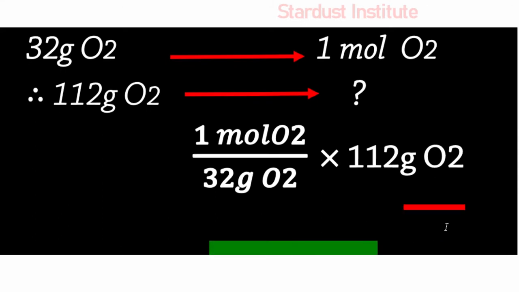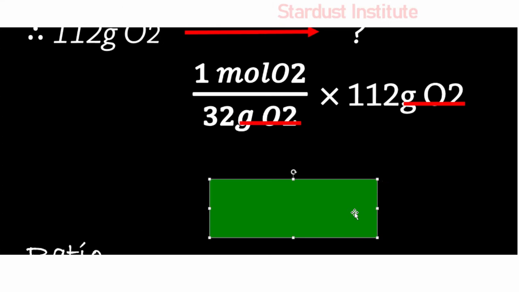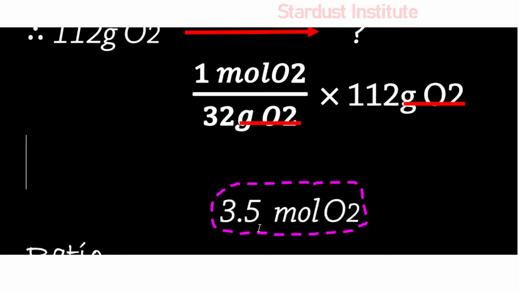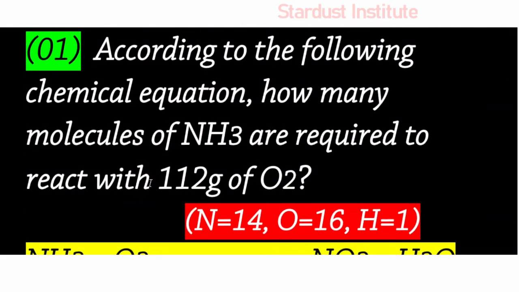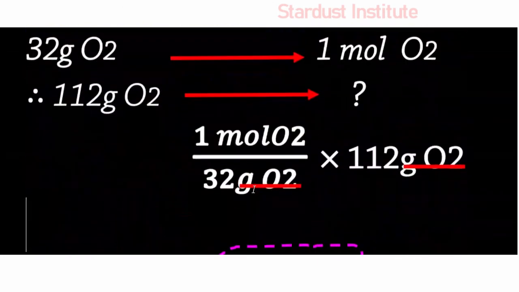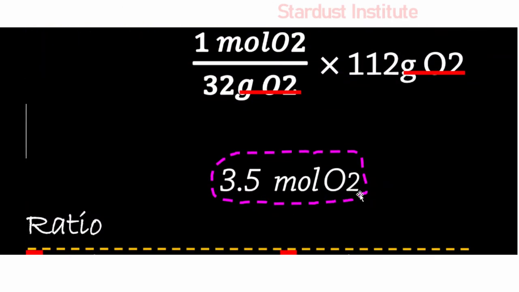We should cancel out units. Gram O2, gram O2, then we get 3.5 moles of O2. This means 112 grams of oxygen is 3.5 moles of oxygen.